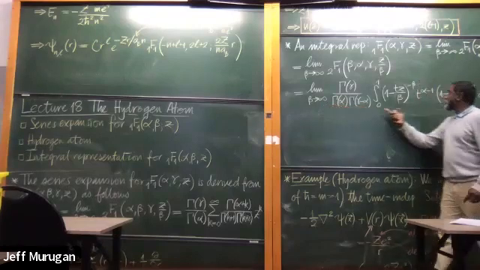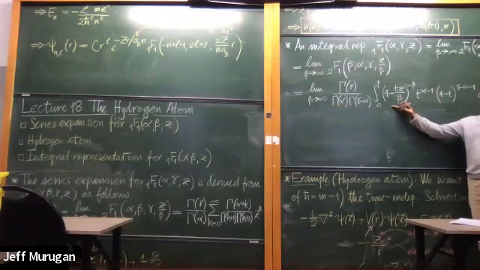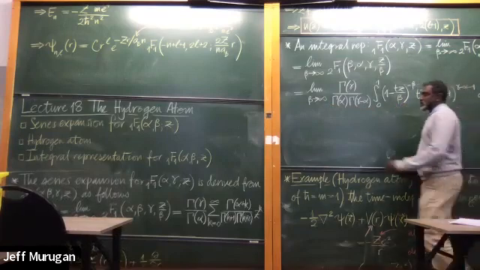Then you notice that all the beta dependence is sitting in this factor here, and the limit as beta goes to infinity of this thing is nothing but the exponential e to the tz.